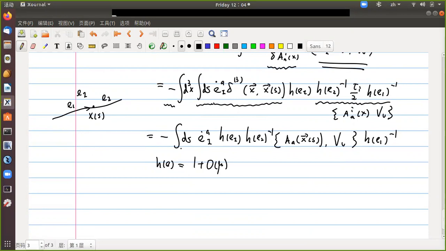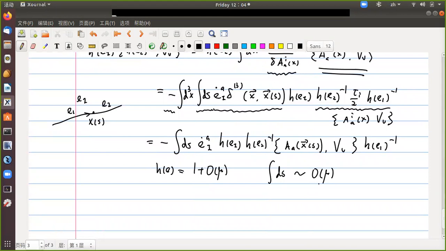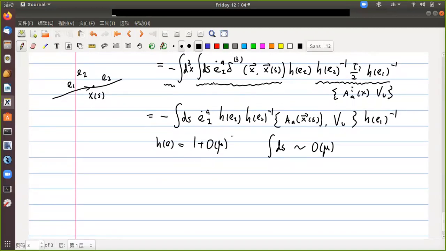And because this integral ds is order mu, this formula is order mu. The leading order is linear in mu because you have an integral over ds. If this h is different from 1 at order mu, those correspond to higher orders. You plug in order mu and it just gives you order mu squared. So in the continuum limit you can just replace h by 1.